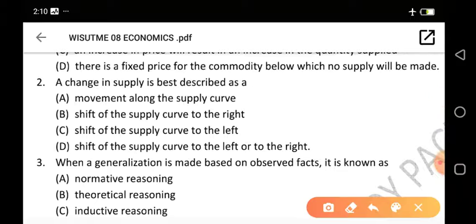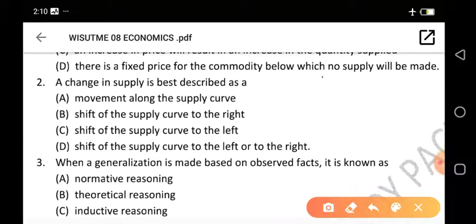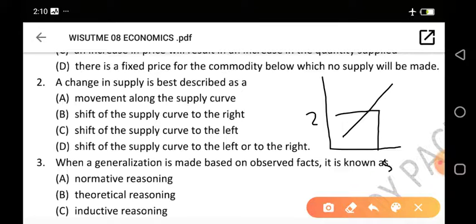Now, it looks something like this. This is your supply curve. That's how your supply curve looks like. Sorry about that, the pen I'm using is not aligning enough. So let's say this is 2 and this is 5.